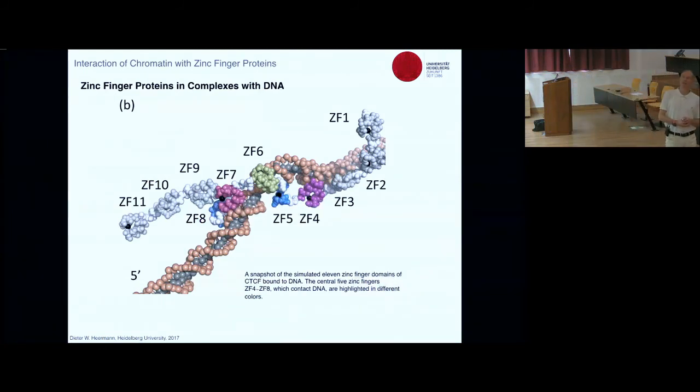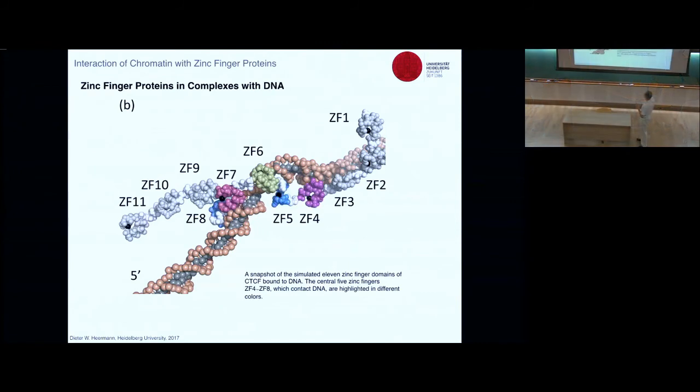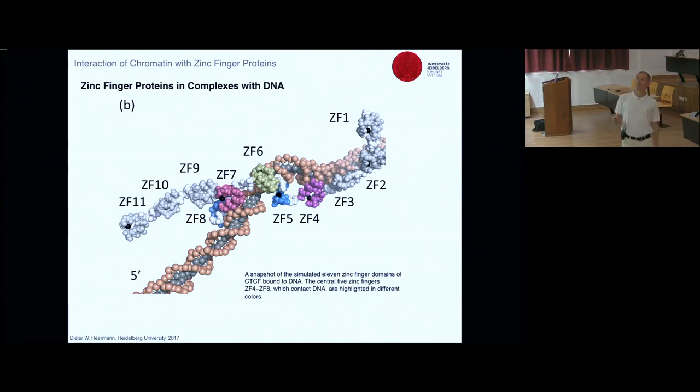So you have these tails here, they're not really bound to the DNA. So this is the DNA, and this one here is the zinc finger protein. So it's not that the protein is really bound completely to your DNA. You have these tails.